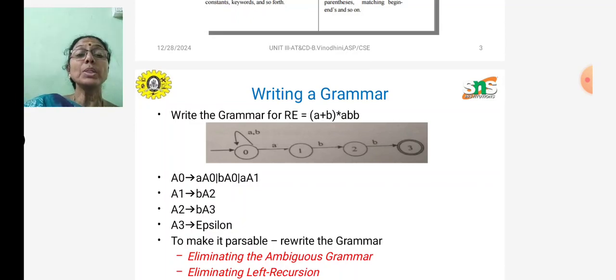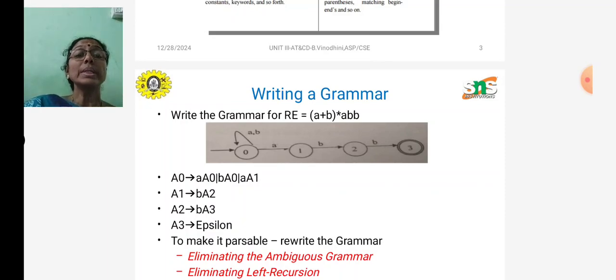A0 is the left-hand side non-terminal. The right-hand side production rules come from the transitions out of A0: we have 3 input transitions. So A0 goes to B A0, then A0 goes to A A0, and A0 goes to A A1. That transition in state A0 is written as productions.